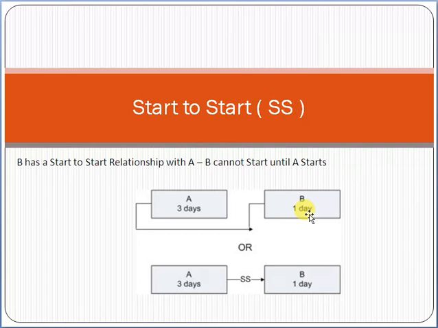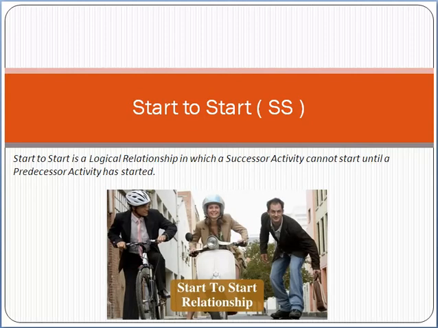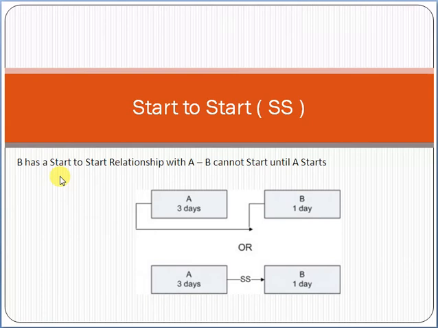Just try to memorize this picture whenever you talk about start to start. Like you are saying that these three persons will start when the other person starts. Or you can memorize this picture as well. Start to start means that B will start when A starts.